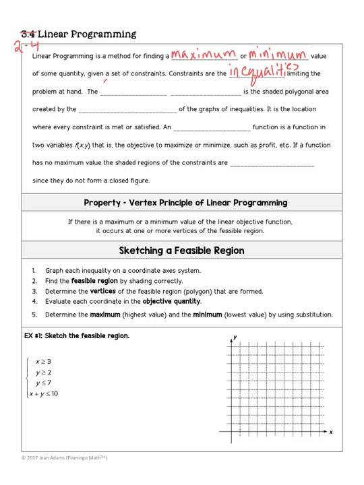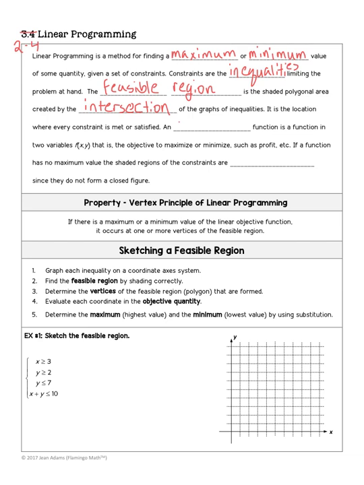The feasible region is the shaded polygon area created by the intersection of the graphs of inequalities. It is the location where every constraint is met or satisfied.